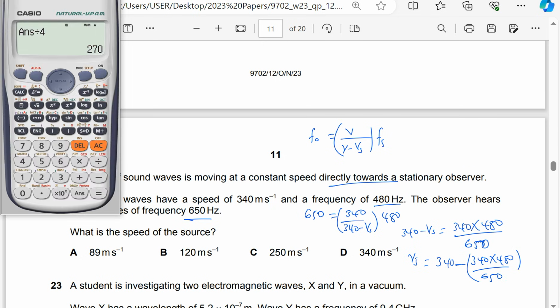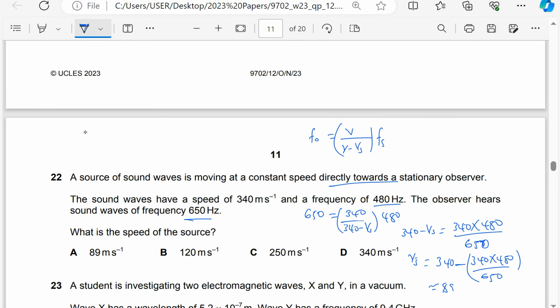Okay, so 340 times 480 divided by 650, then 340 minus the answer, which is 88.9 or approximately 89. So this is going to be 89 meters per second. So the answer is going to be A.